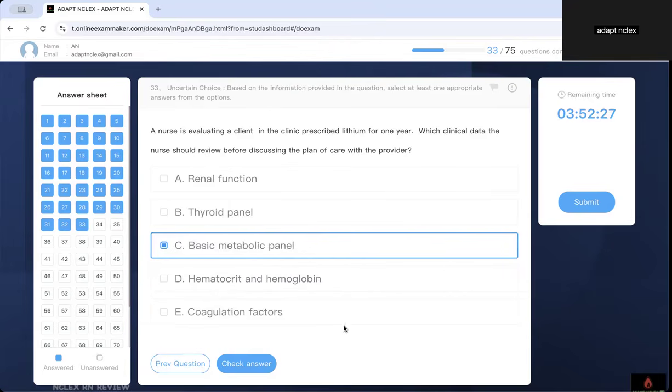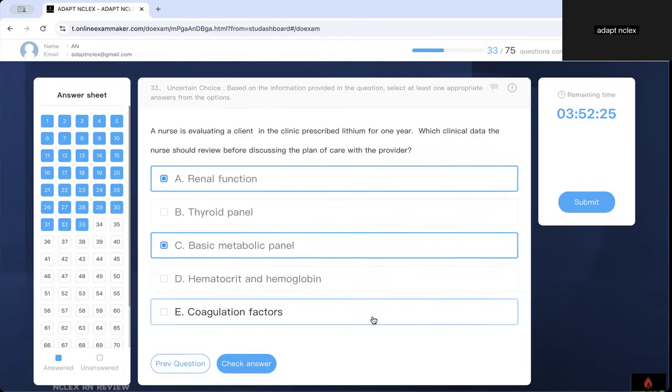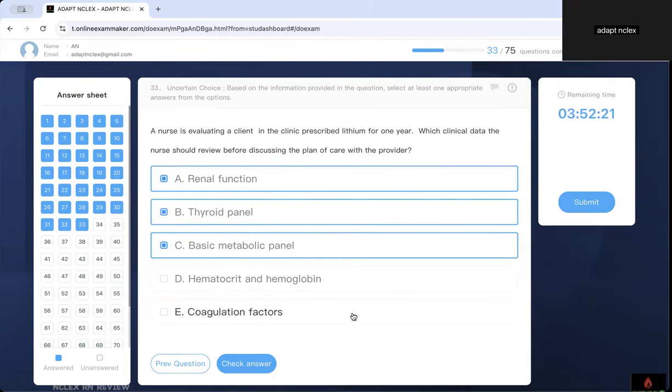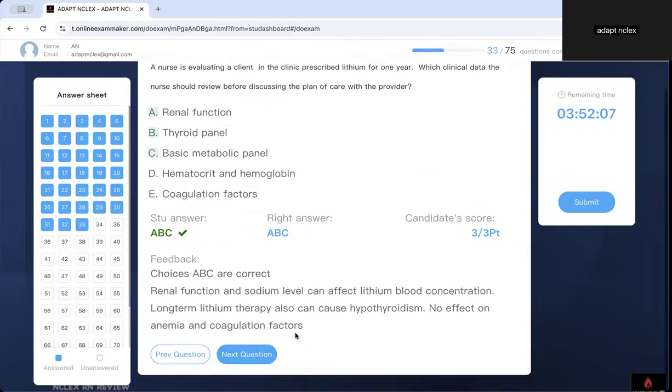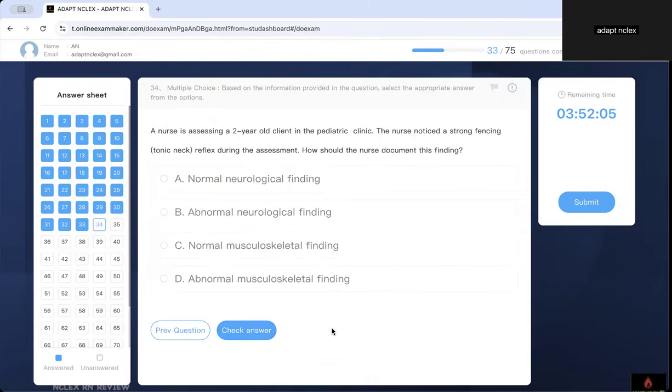If I'm worried about dehydration, kidney function. And since lithium causes thyroid problems, thyroid function test. Concepts connected to answer the question. There's no magic. It's just master the concept, know them, and when you see the question, make sure you understand the stem of the question, and that will be all you need.